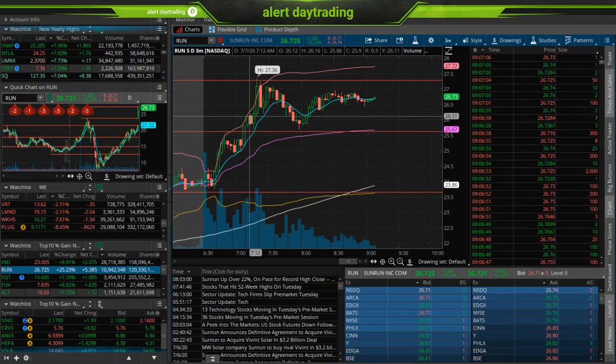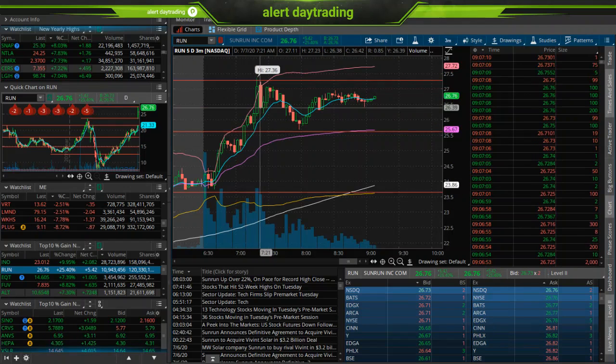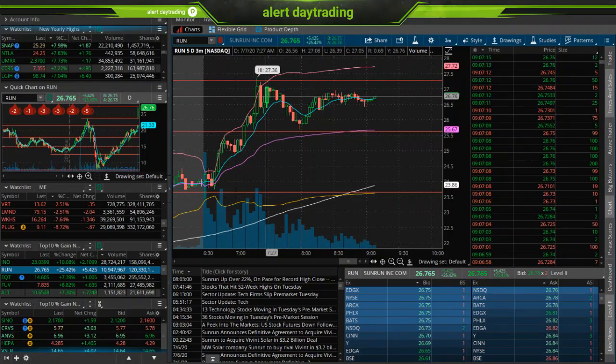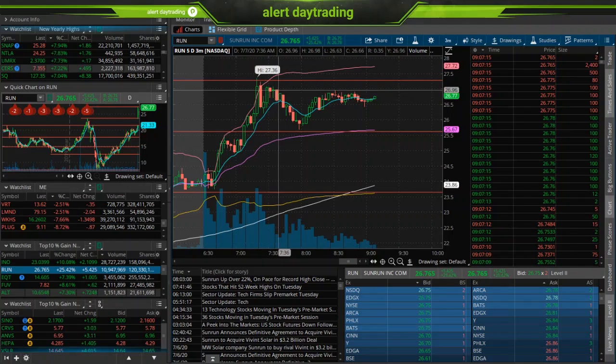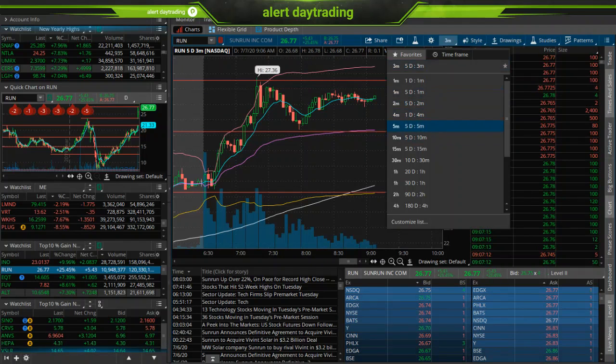And here you can see this is a little cleaner to look at, and there's that push up, and it worked out really well. I ended up taking a second entry here, and I ended up getting stopped out, and then I ended up entering again.